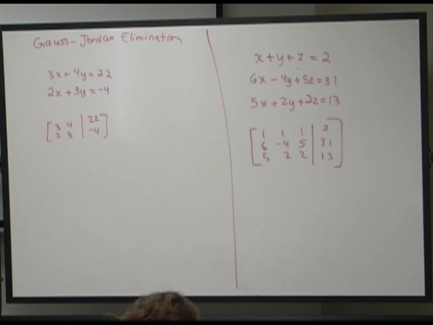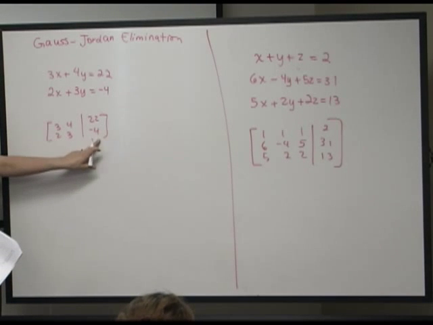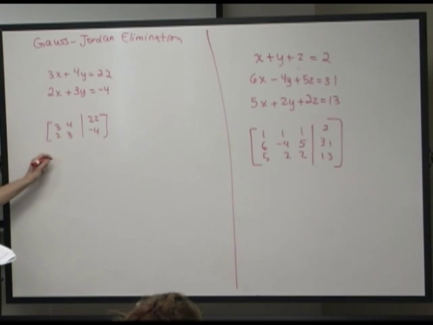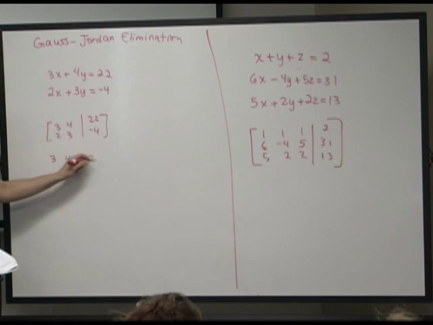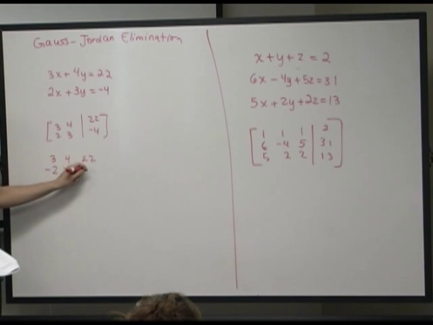Now, looking at that one, I have a 3 and I have a 2, and I want to make one of them a 1. So it's very convenient, because if I multiply this one by -1 and add it to that one, you're going to have a 1 in the first one. So I have the first row's 3, 4, 22, and I multiply the other by -3, and 4.